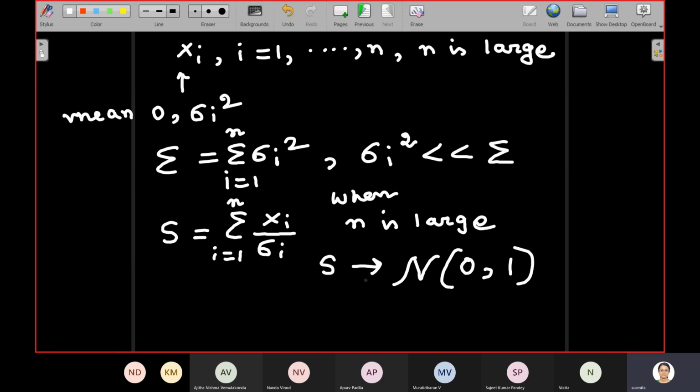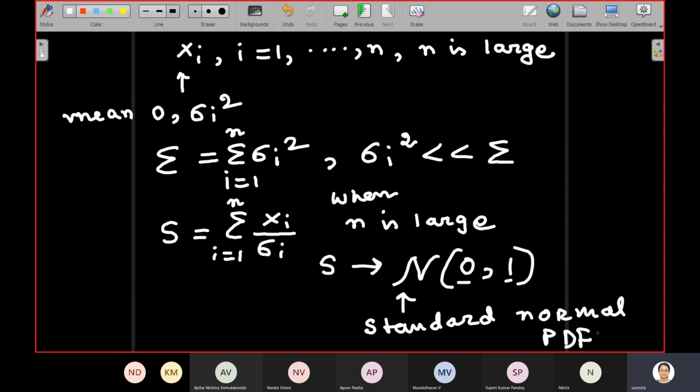The resulting distribution of the sum as n becomes large tends to have 0 mean and unit standard deviation, or unit variance. The normal distribution with 0 mean and unit variance is also called the standard normal PDF.